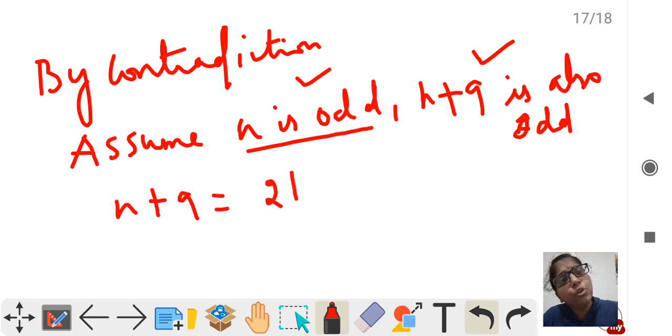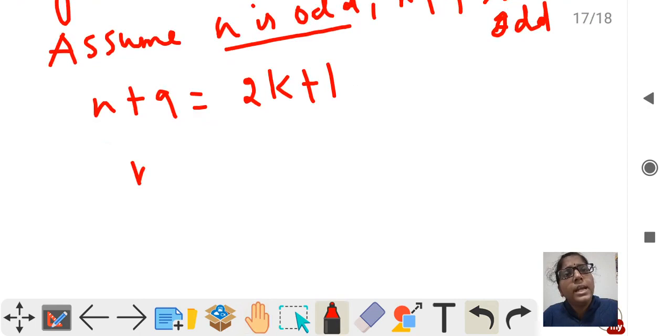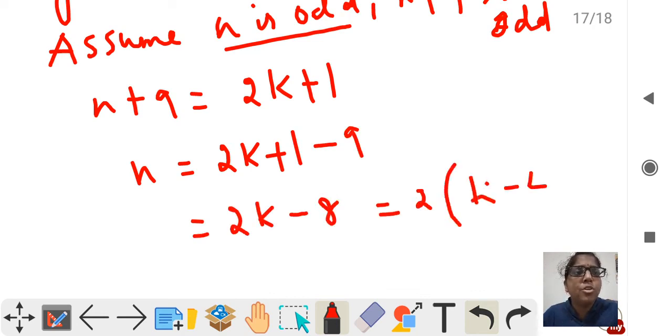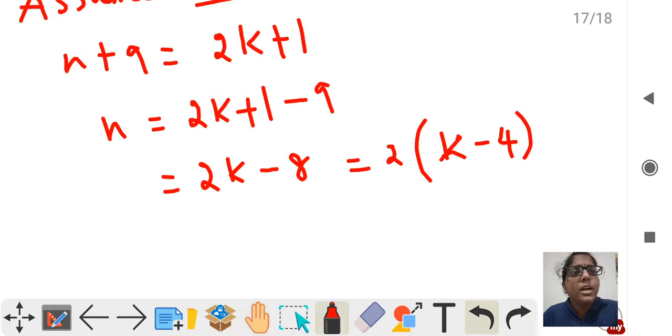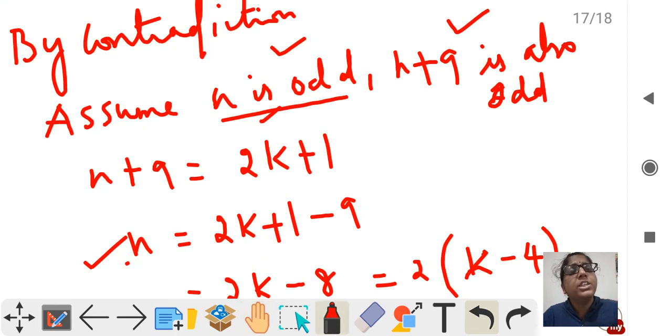If n plus 9 is also odd, it is equal to 2k plus 1. So n is equal to 2k plus 1 minus 9. It becomes 2k minus 8, so it is 2 times of k minus 4. What is 2 times of k minus 4? It is an even number where we have arrived, but we assumed n as an odd number, which is a contradiction.